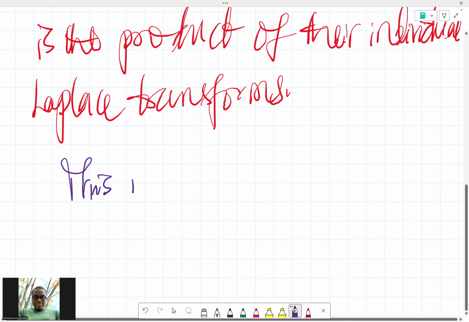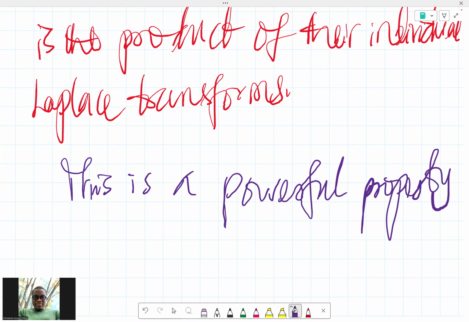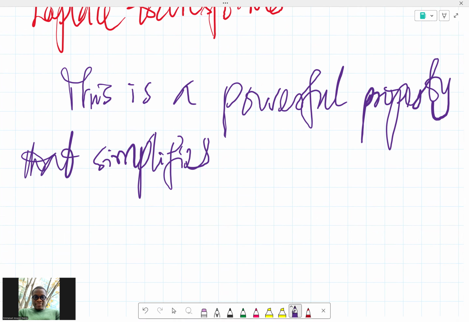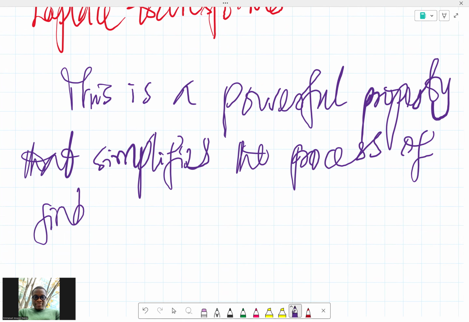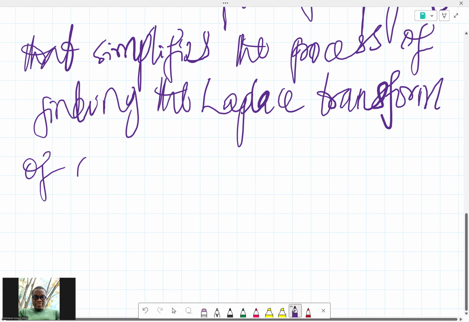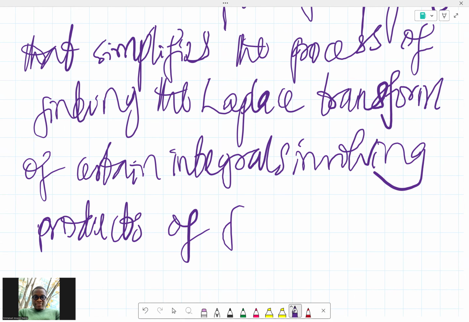This is a powerful property that simplifies the process of finding the Laplace transform of certain integrals involving products of functions.